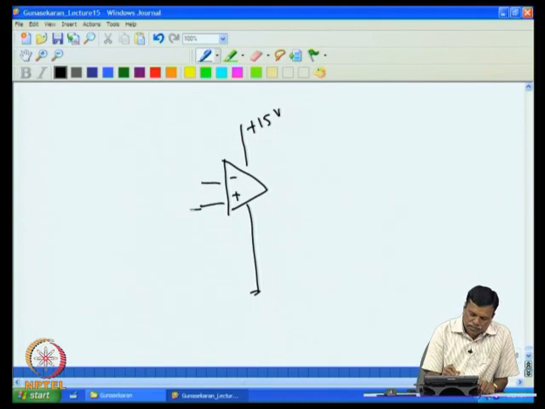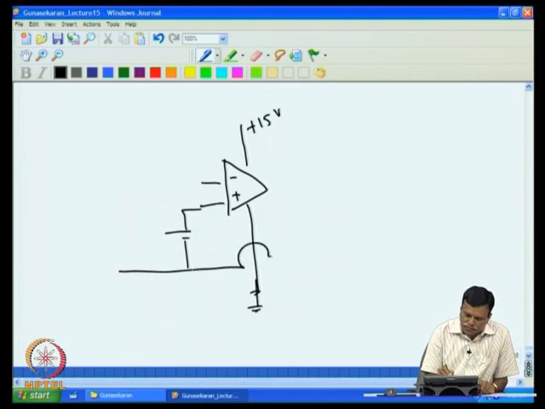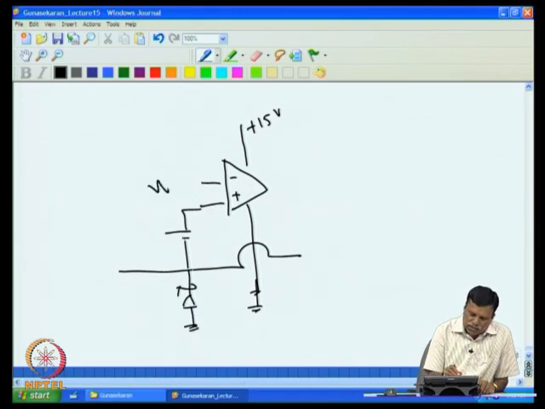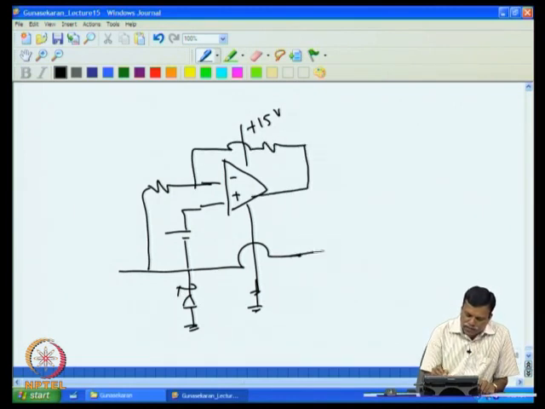For example, if you want to amplify a very small voltage, you amplify it through this, then you put a Zener diode here to the actual ground. This is the signal. Then all your voltages can be amplified with respect to this ground. Then the output also you measure with respect to this, whereas the input supply is with respect to this ground.